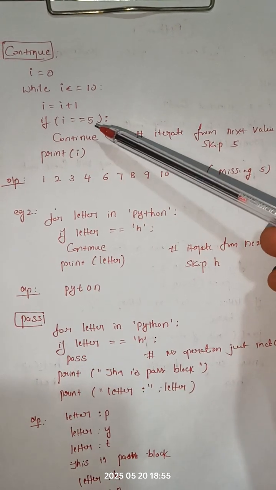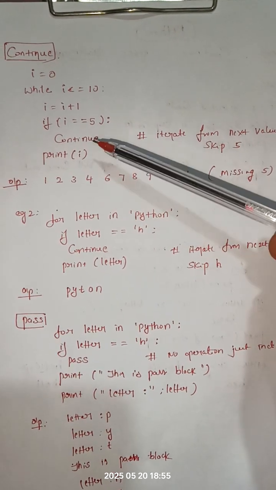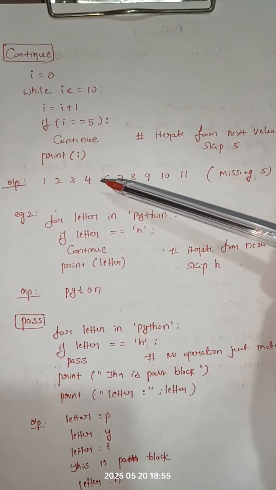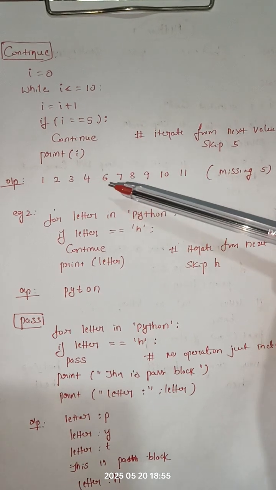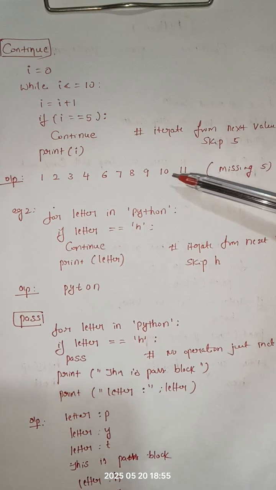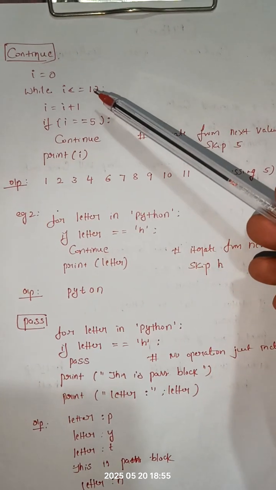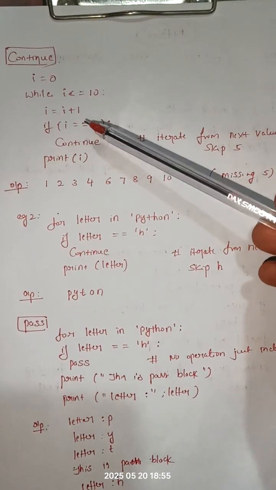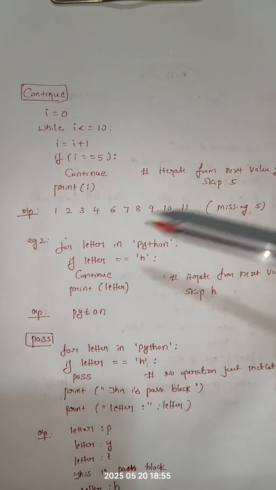If it is 5, the continue statement skips the 5, and after 5 it takes the next value: 6, 7, 8, 9, 10, 11. So why 11? The total count should be 10, because 1 is missing, that's why the last one is 10, and 10 plus 1 is 11. That's what continue does.